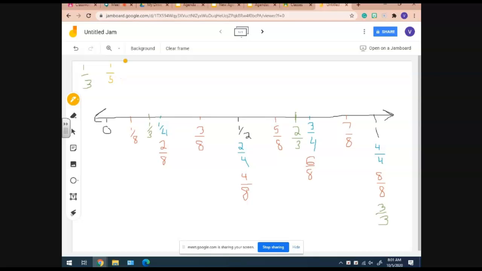Where do you think? What do we think about my fifths? Where could they go? Abby, where's an idea? Under the half. Well, there's a lot of space there for me. Ben, any ideas? 1/5 should be like, I think in between 1/8 and 1/4. Yeah. Actually, I definitely did this wrong.